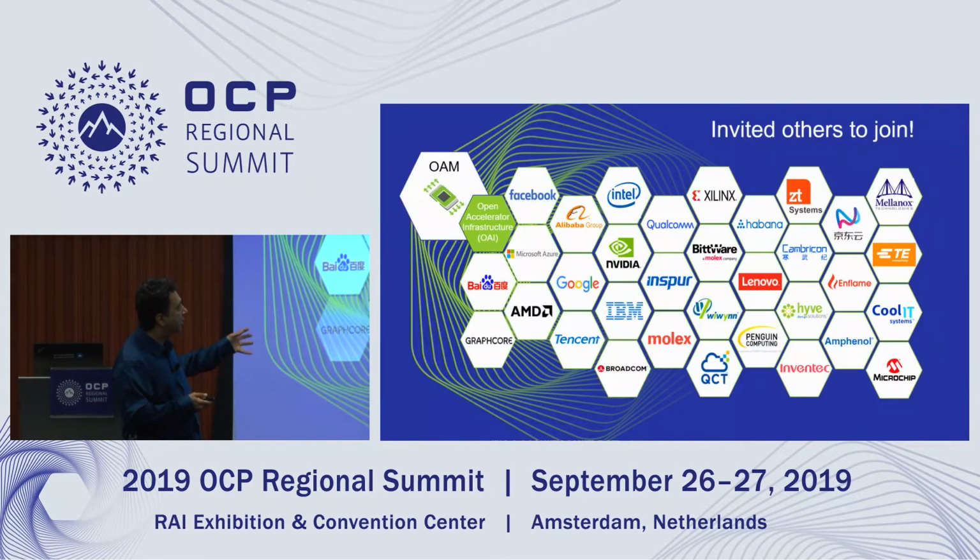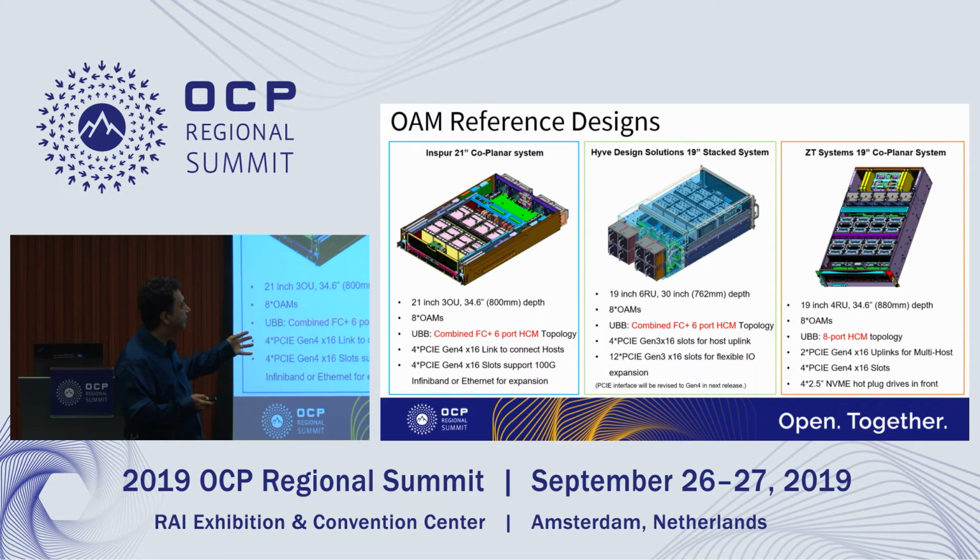Based on the work that's been done so far, good people, good companies have come up with 3 different reference designs. You probably have already seen them at the OAI booth. They're targeting different applications. 19-inch, 21-inch rack, stacked, shallow versus coplanar deeper chassis are all covered with different features.